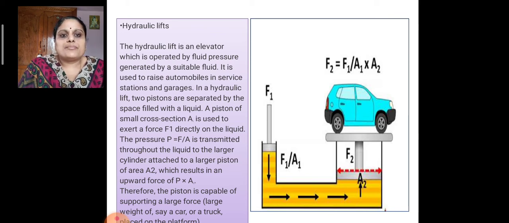The pressure P, equal to F by A, is transmitted throughout the liquid to the larger cylinder attached to the larger piston of area A2, which results in an upward force of P into A2. Therefore, the piston is capable of supporting a large force to lift a large object.